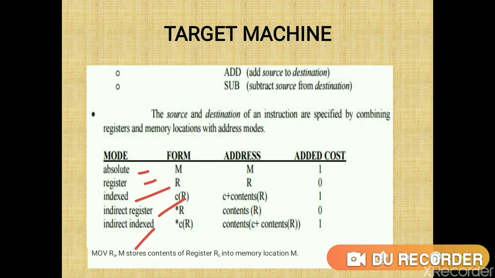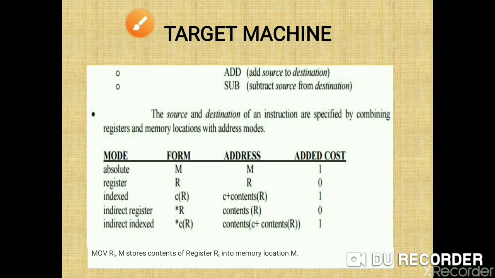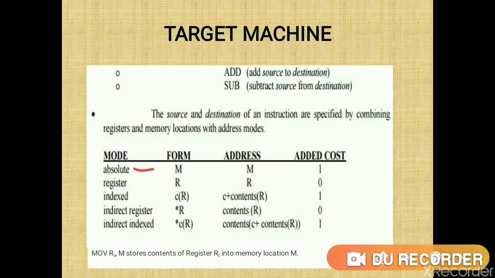Now in absolute addressing mode, what will it do? It will give you the address of a memory location. Here you can see in absolute addressing mode, its form is represented as M. That simply represents a variable name. If you are using P, that is also fine.